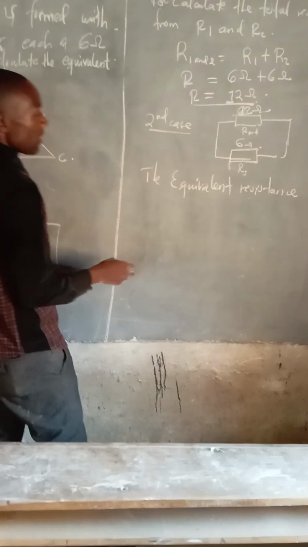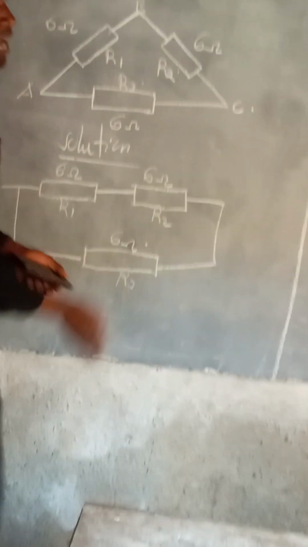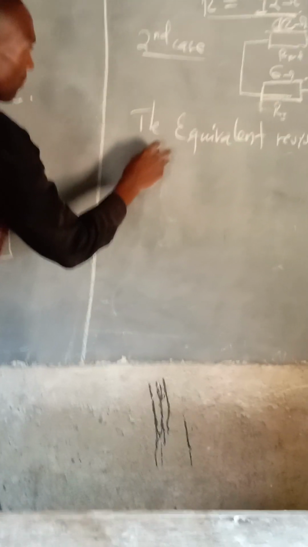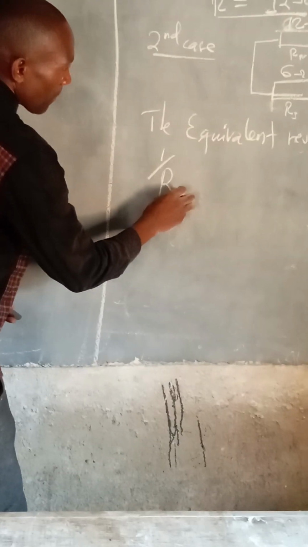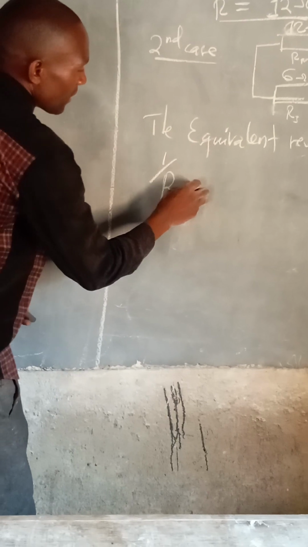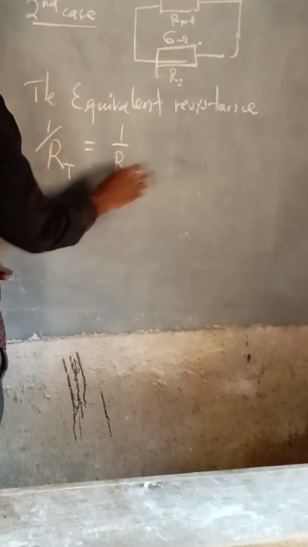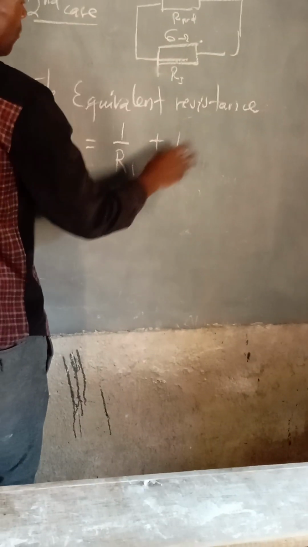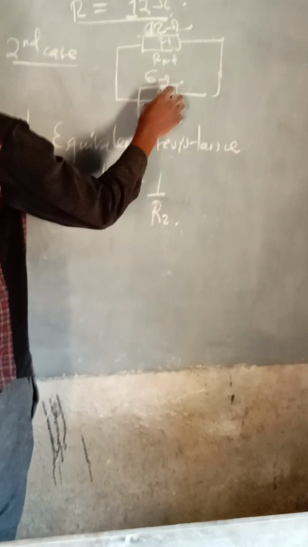The formula we use is: total resistance is equal to 1 over resistor 1 plus 1 over resistor 2. This one is resistor 1 and this one is resistor 2.